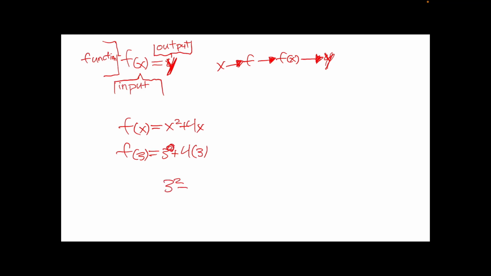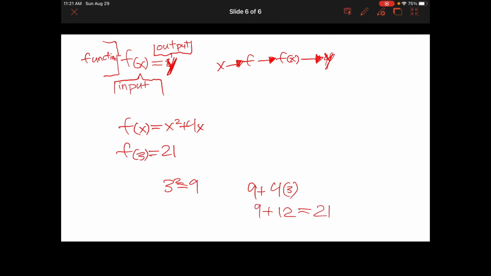So what is 3 squared? 3 squared equals 9. So now we have 9 plus 4 times 3. And 4 times 3 is 12. So now we have 9 plus 12, which equals 21. So f of 3 equals 21.